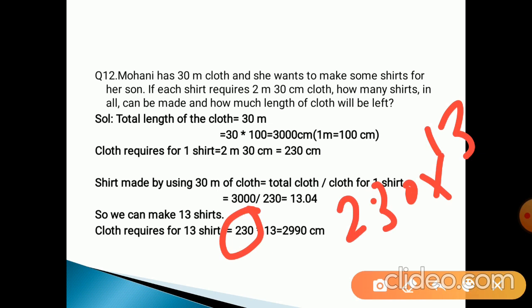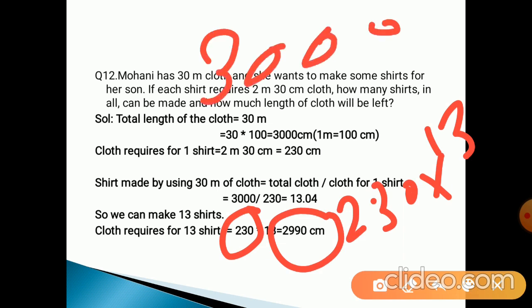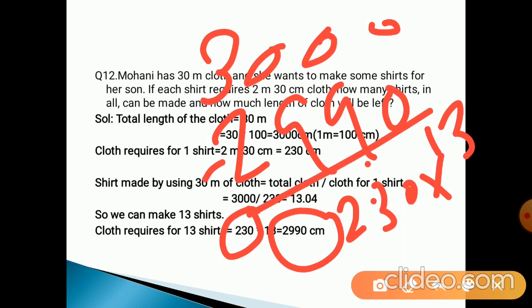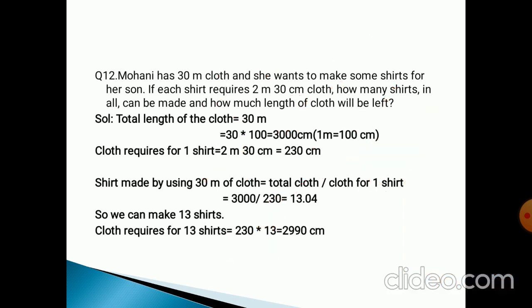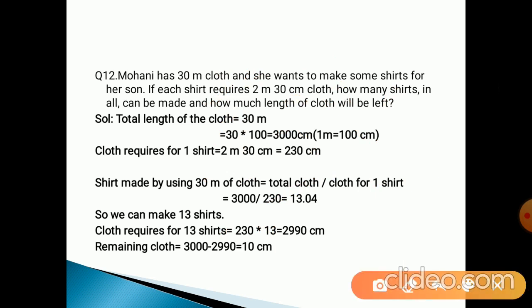So यहाँ पर क्या किया हमने, इतना कपड़ा हमने यहाँ पर यूज कर लिया है, और हमारा टोटल कपड़ा कितना था 3000, इतना हमने यूज कर लिया। दोनों को माइनस कर देंगे तो हमारा आ जाएगा कितना कपड़ा हमारा बचा। So remaining cloth is 3000 minus 2990 equals 10 centimeters. So our answer is we can make 13 shirts and cloth remaining is 10 centimeters.